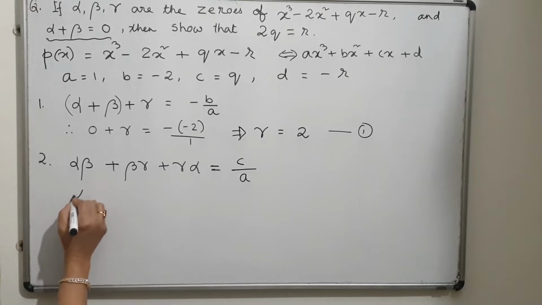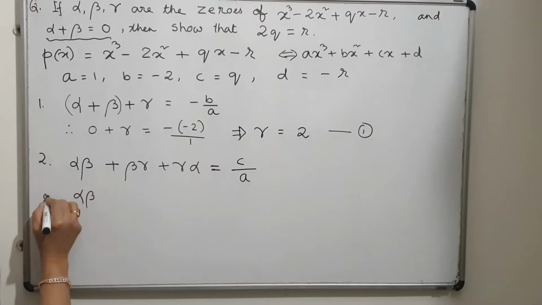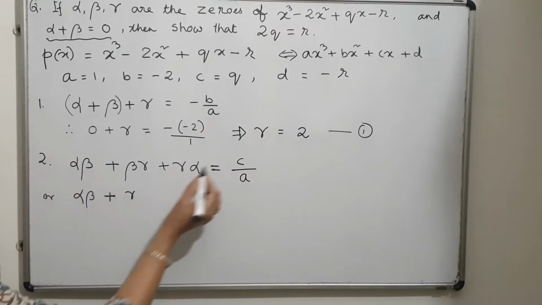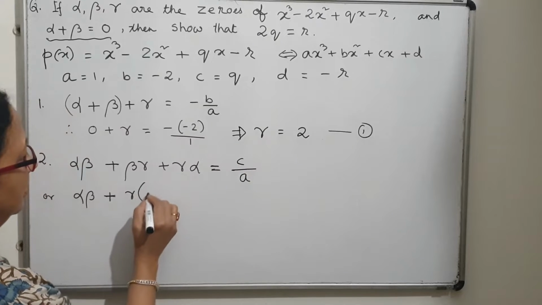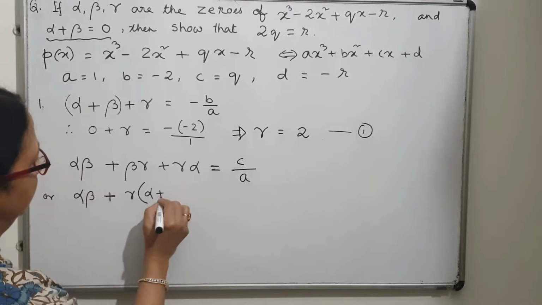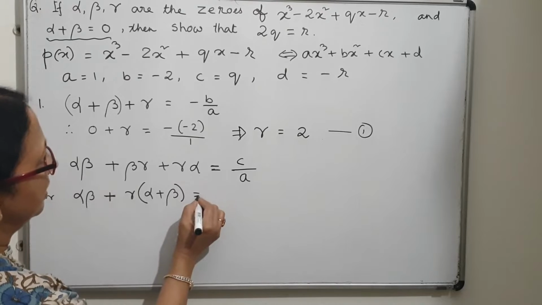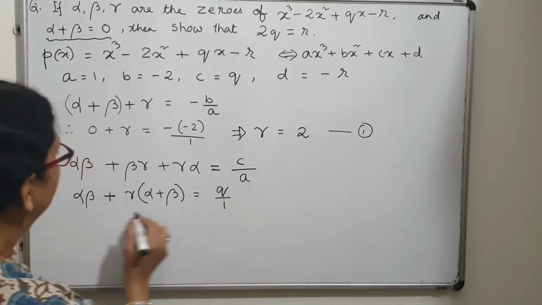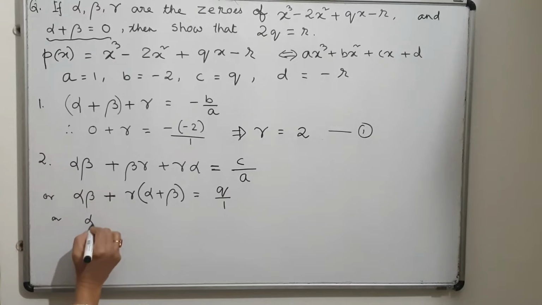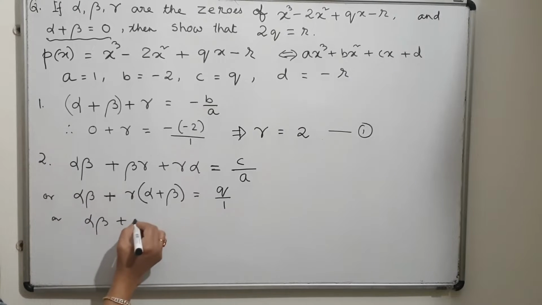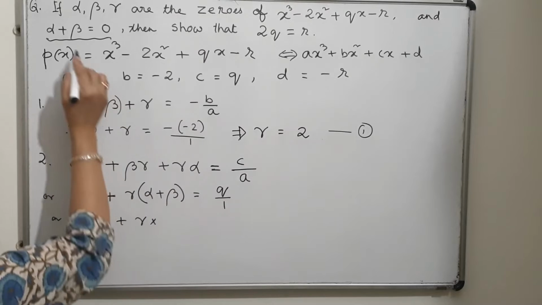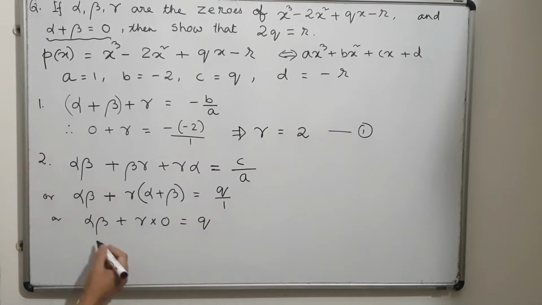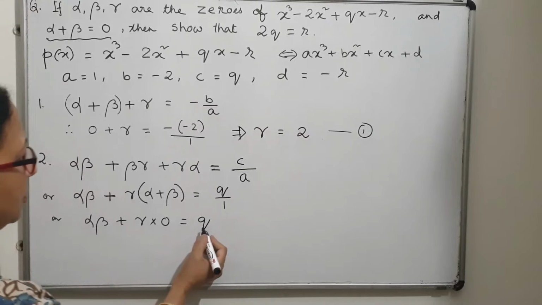So what I do, I take gamma common because I know the value of gamma. In this way, let me write down c is your q, which is alpha beta plus gamma times alpha plus beta. Now I can put the value of alpha plus beta as 0. So what I am getting from this is alpha beta is equal to q.